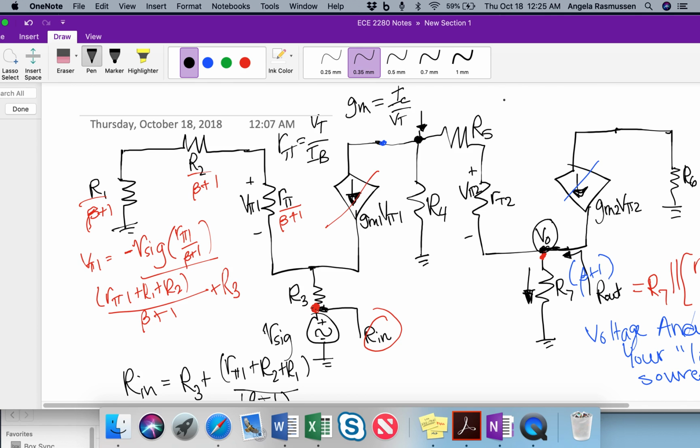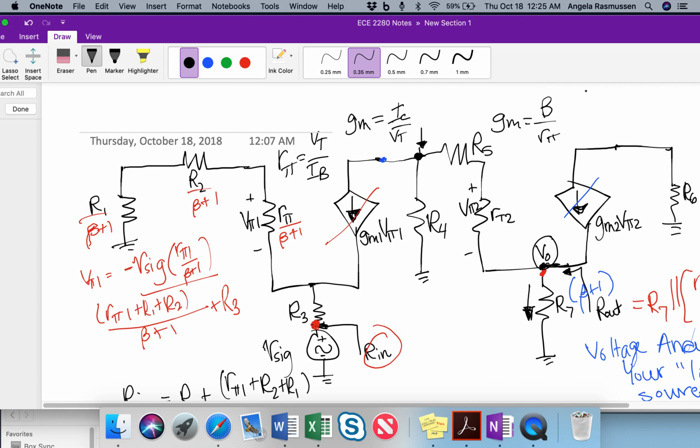And then they're related to each other by gm and beta, where gm is equal to beta over R pi. So make sure you also memorize those equations.